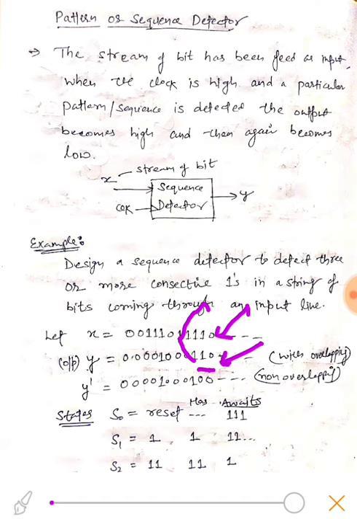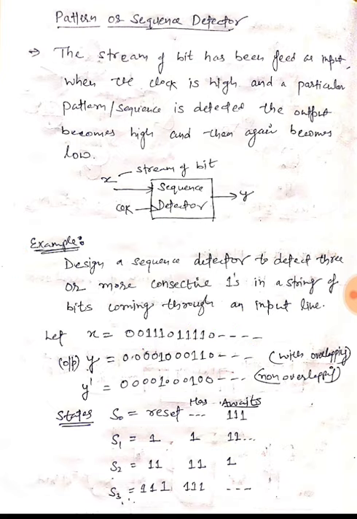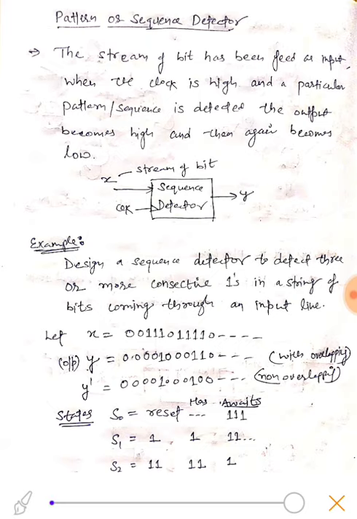If no overlapping is allowed, then output would be this one. It would be 1 when 3 bits are detected here, and it would be 1 when 3 bits are detected here.